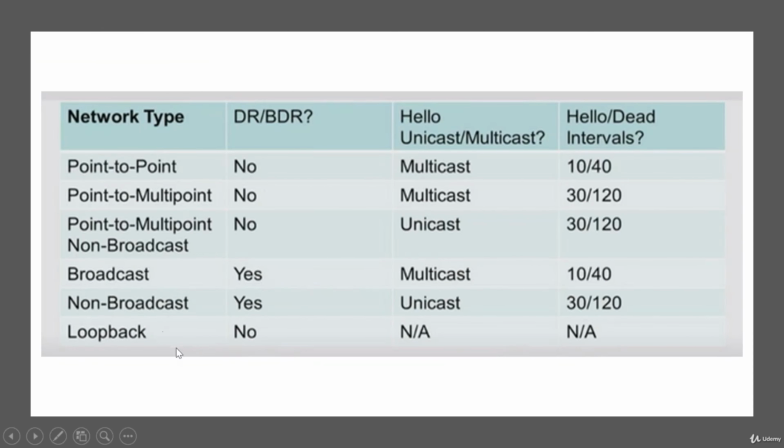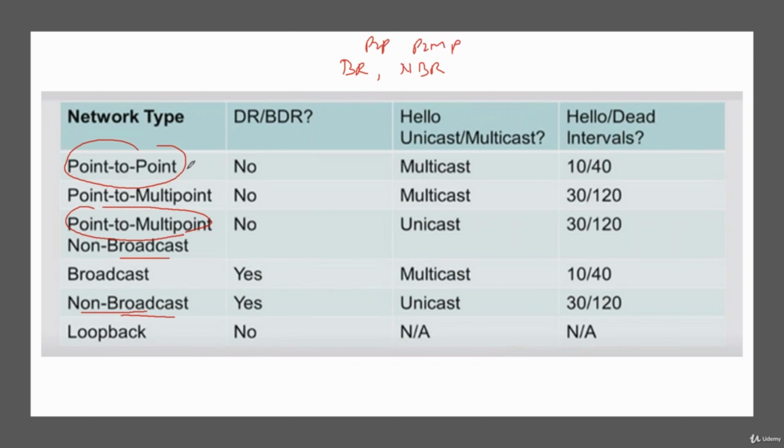You can think like this: you have point to point, point to multipoint, broadcast and non-broadcast. So you have network type broadcast, and then network type non-broadcast, and then point to point and point to multipoint.